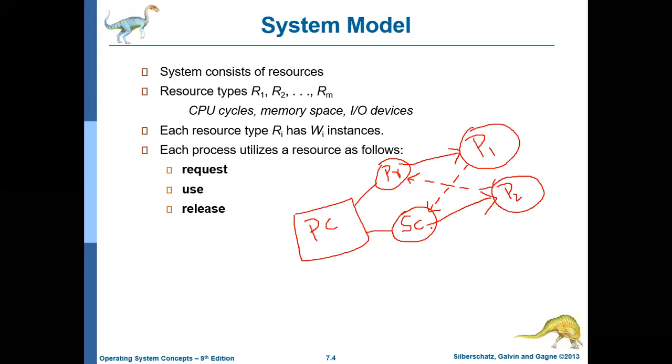P2 is holding the scanner and waiting for the printer. This concept is called a circular wait. Both processes P1 and P2 will keep waiting for the other resource to become available, but the other resource will never be available. This situation is one example of deadlock. Now these two processes will halt permanently until you reboot or restart the system. This problem is called deadlock.